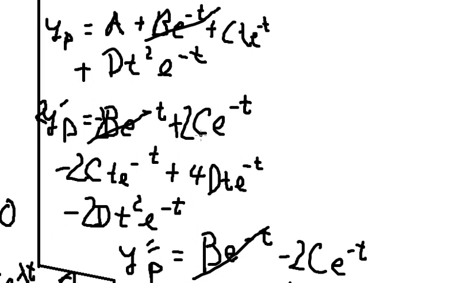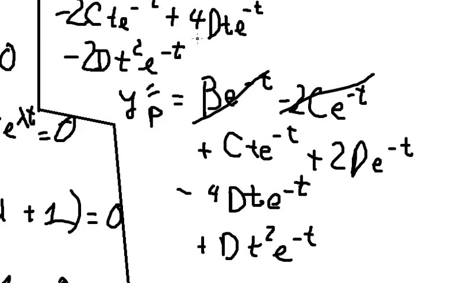So we have 2c e to the power of negative t minus number 2c e to the power of negative t. This one we cancel. So we have 4dt e to the power of negative t, we have negative number 4dt e to the power of negative t. Now this one we cancel.